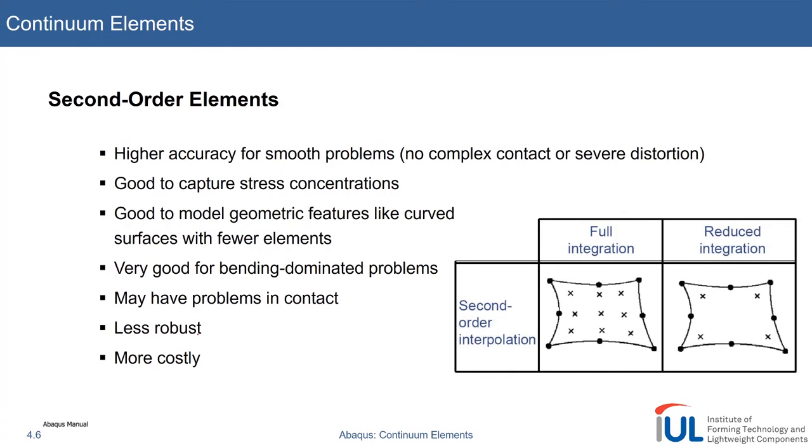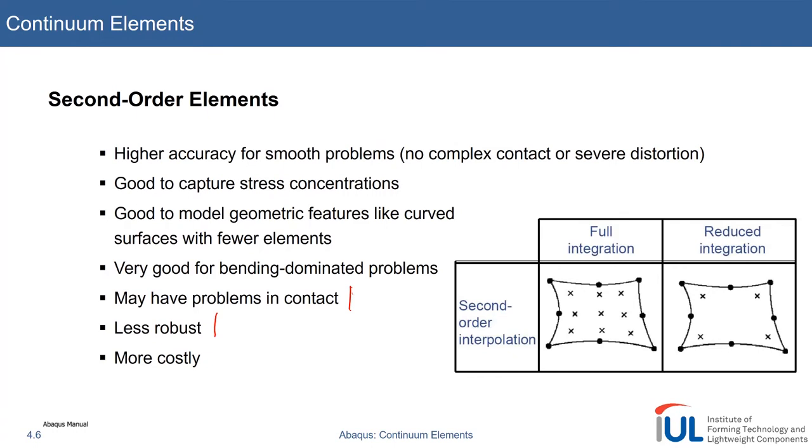Here you can usually have a better depiction of what's going on with far fewer elements than with the first order element. But this should then not include complex contact and severe distortion of the elements, because here the drawbacks, like that it's less robust and might not perform well in contact, come into play.